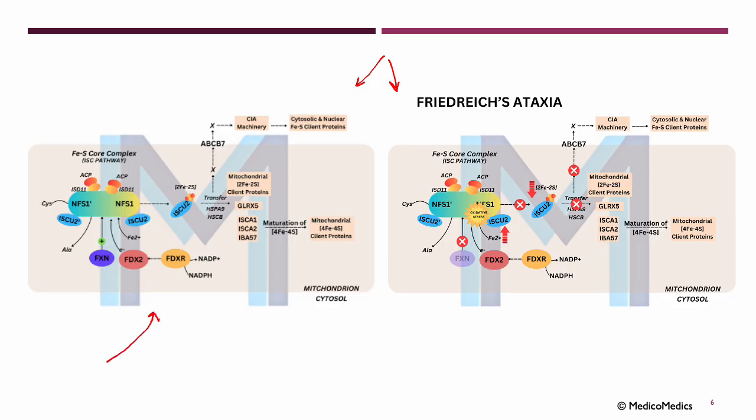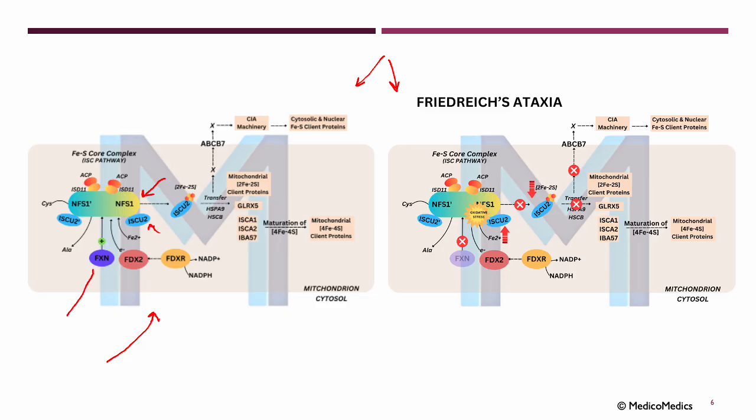So the first illustration here on the left shows how the mitochondria, which is the cell's powerhouse, builds iron-sulfur clusters, and these act like mini batteries that power important proteins for energy production. Now, the NFS1 protein provides the sulfur, while the ISCU2 helps build iron-sulfur clusters.